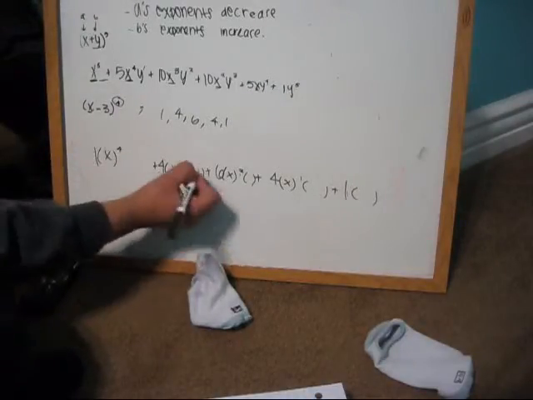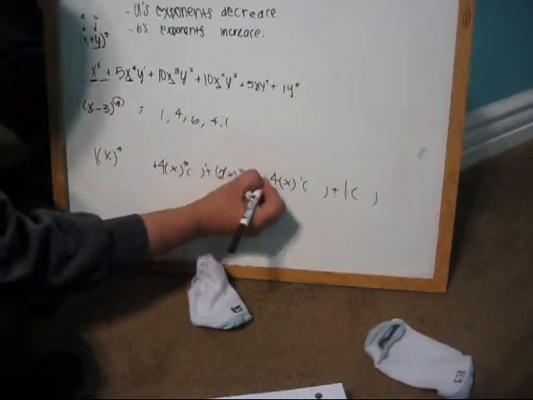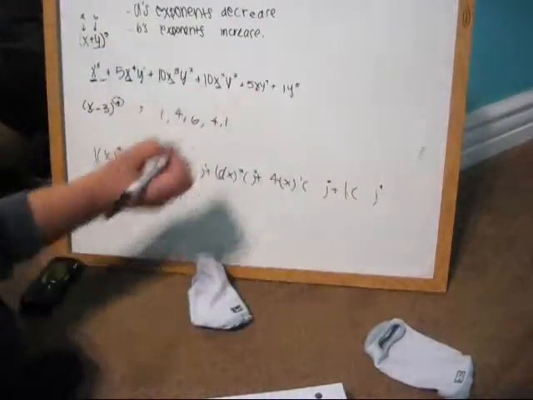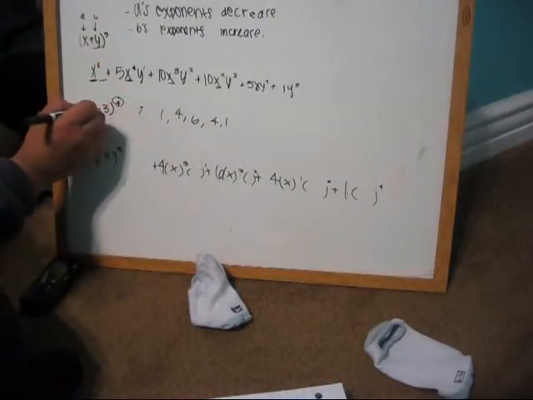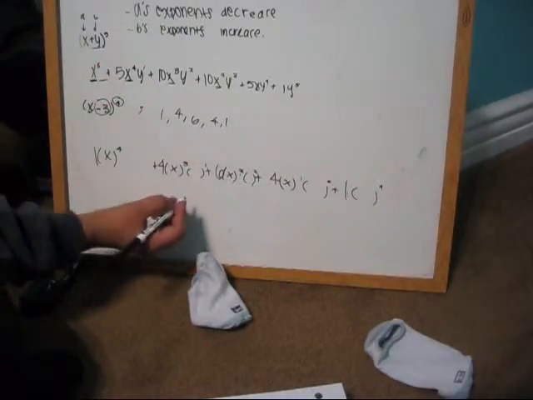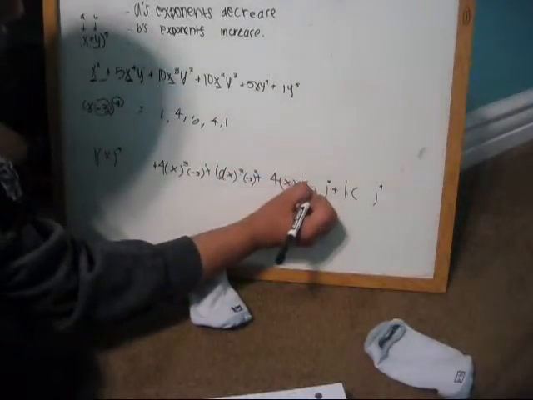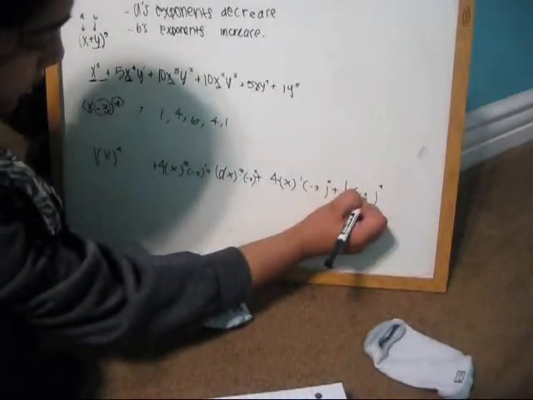So 0 was here, 1, 2, 3, and then 4. And then our b here is negative 3: negative 3, negative 3, negative 3, negative 3.